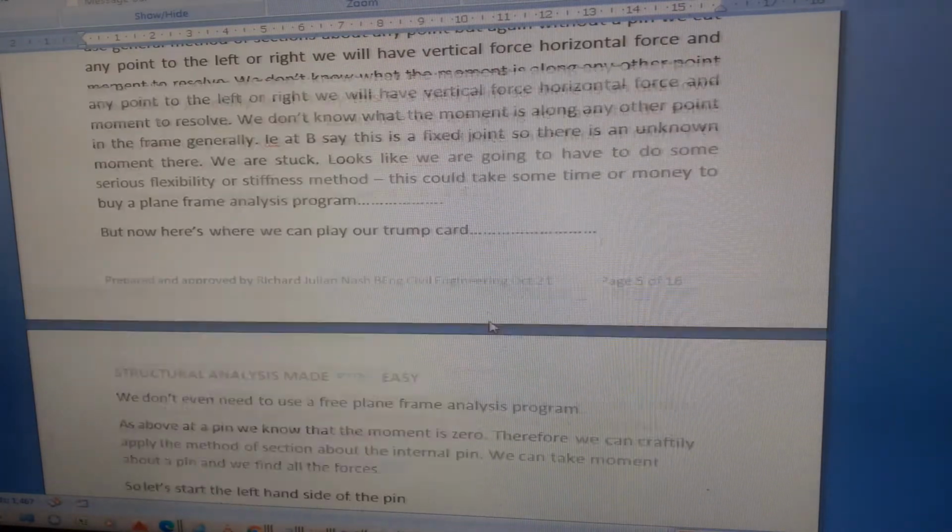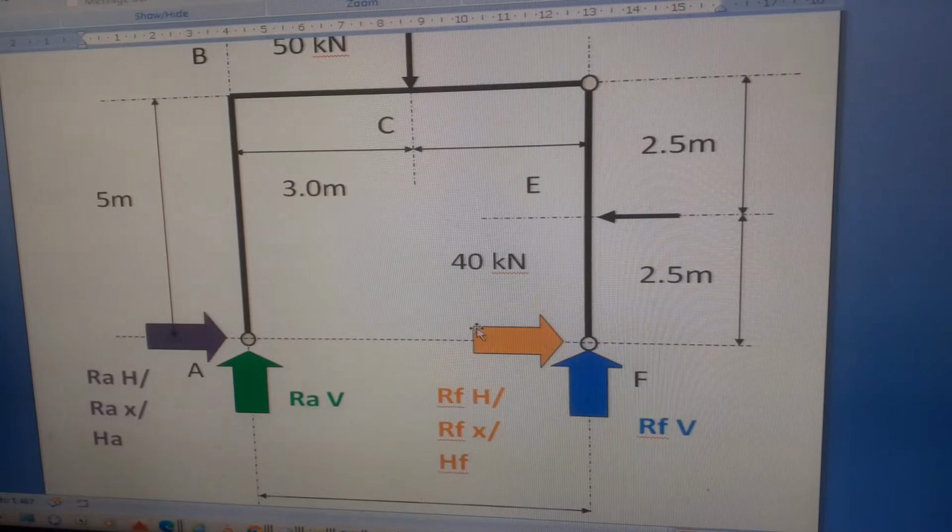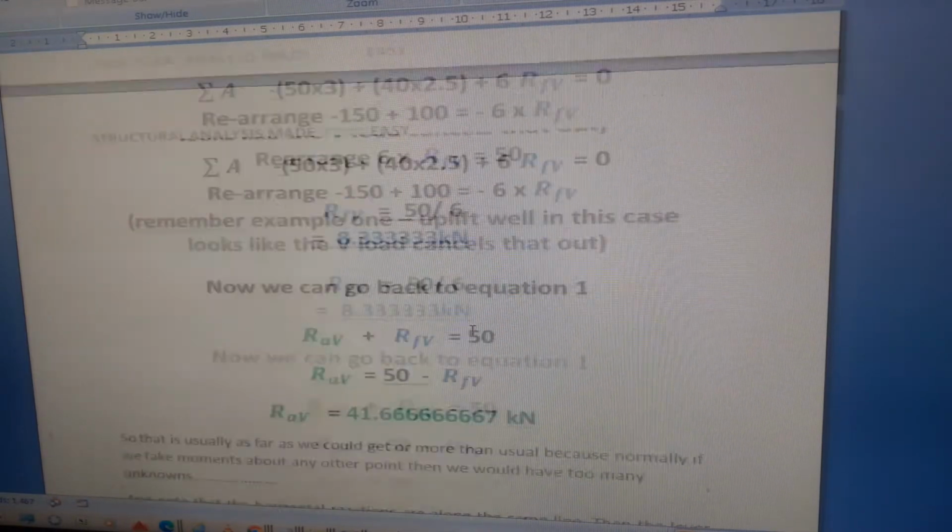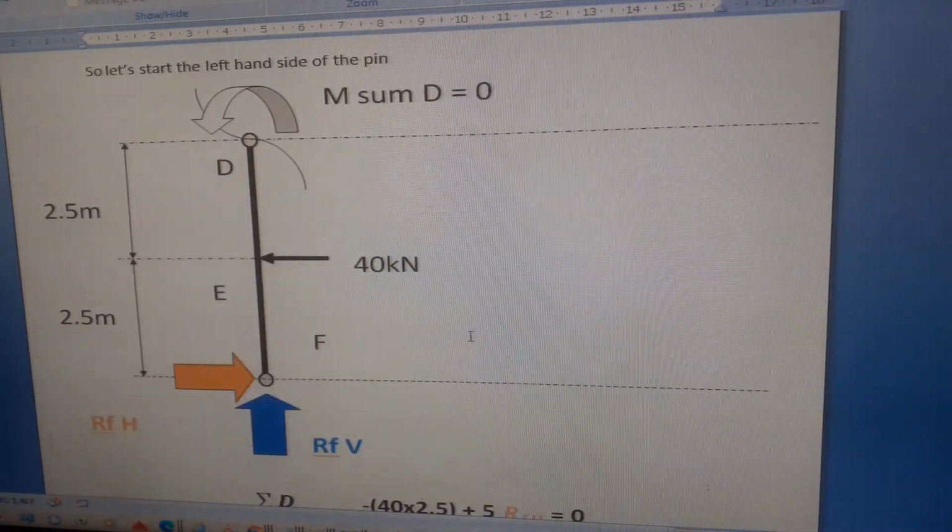Let's start with the right hand side. So we have a pin at D. We're going to take the moments. The sum of the moments about point D must equal 0. So we have D, E, F, a 40 kilonewton point load acting from right to left at 2.5 meters, which is half the height. RFH is the orange one, that's a horizontal reaction.